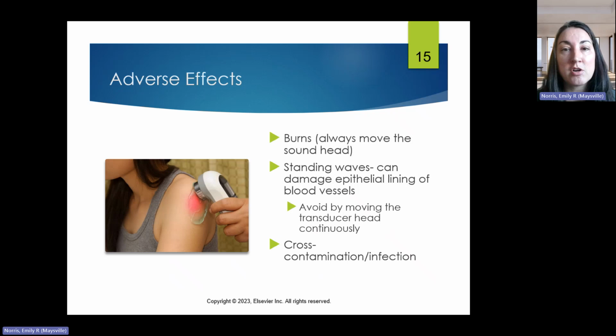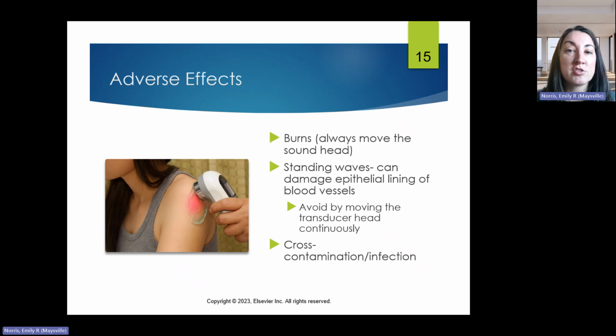And then there could be some cross-contamination or infection. There was a study done that basically showed that when they swabbed the ultrasound head and the gel, and especially the tips of the gel bottles, that they found some bacteria in those areas. So one of the ways we avoid that is we typically always clean the ultrasound head and ideally the tip of the gel bottle with an alcohol swab before we apply it to the patient.